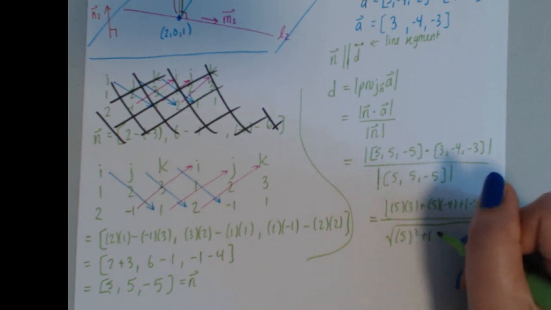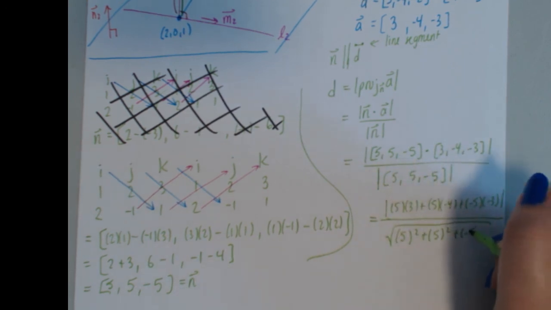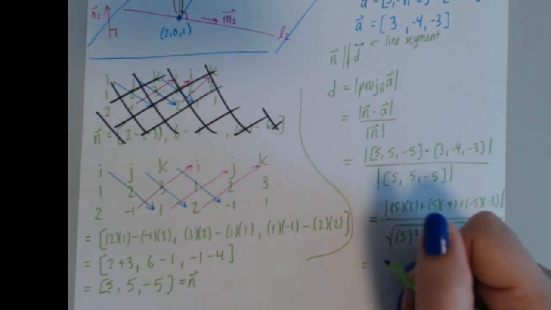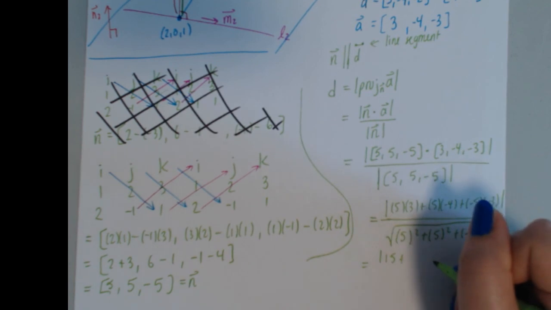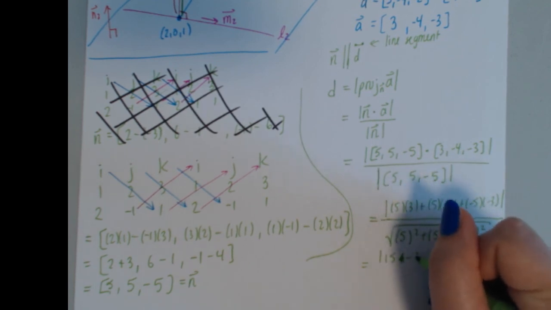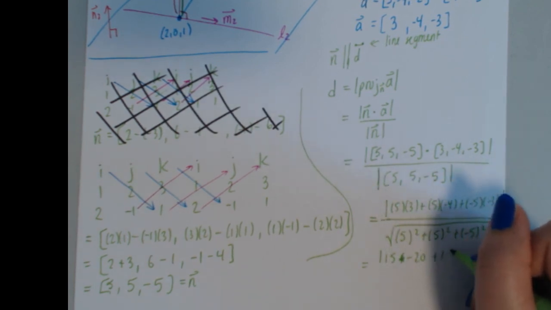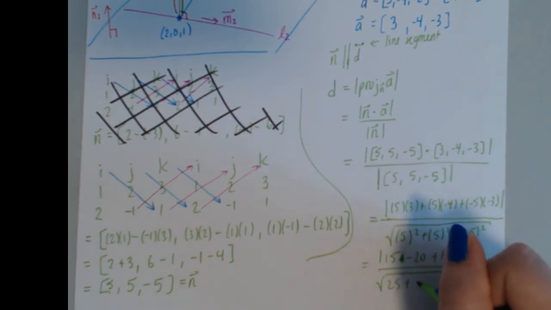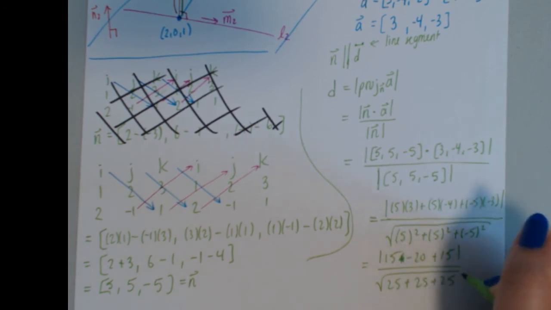So 5 squared plus 5 squared plus negative 5 squared. All right, so on the top we have magnitude of 15 plus, well, let's just call that minus 20 plus 15, divided by square root of 25 plus 25 plus 25.